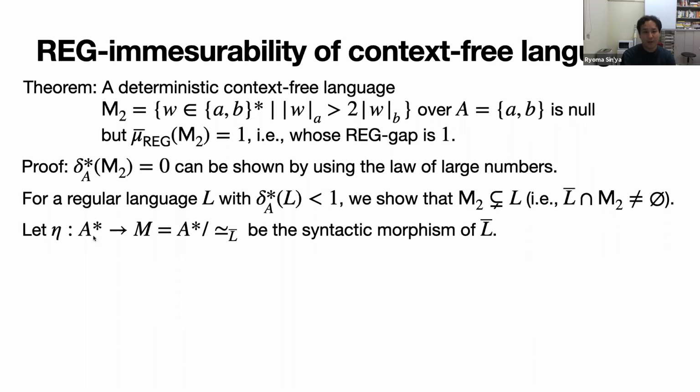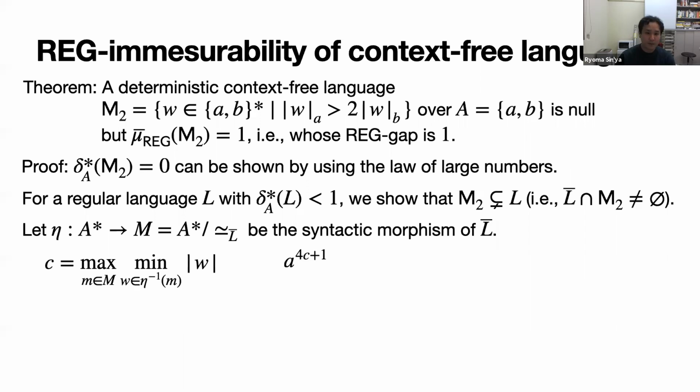So let eta be the syntactic morphism of the complement of L, because this is a regular language, then M is finite by the Myhill-Nerode theorem. Now we define C as the maximum of the minimum of the length of w. And this is a well-defined natural number because M is finite, we can take its maximum, okay? And it is always a natural number.